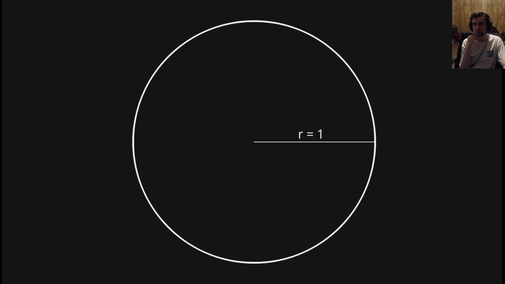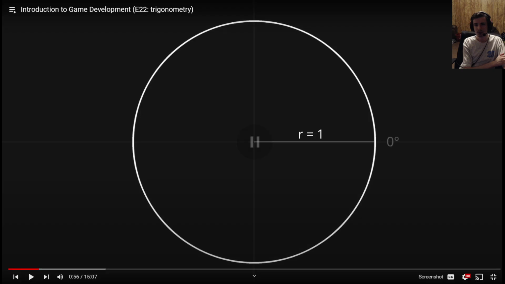Alright, let's start with a unit circle, which is just a circle with a radius of 1 centered at the origin. So if we create a pair of axes, the circle obviously cuts the x-axis at x equals -1 and x equals 1, and cuts the y-axis at y equals -1 and y equals 1. We can also label the angles, starting with 0. I mean, it is useful, probably.